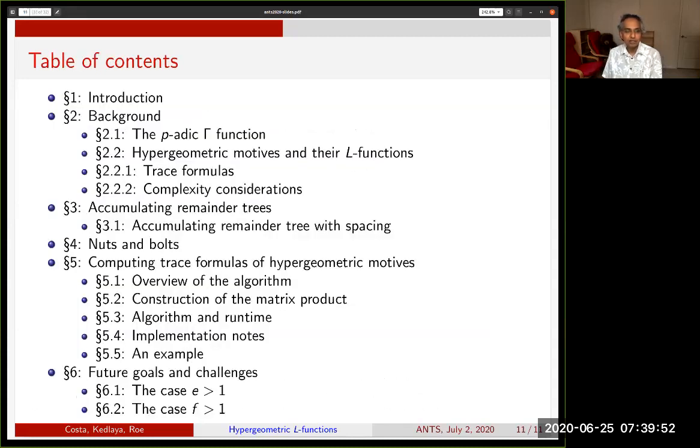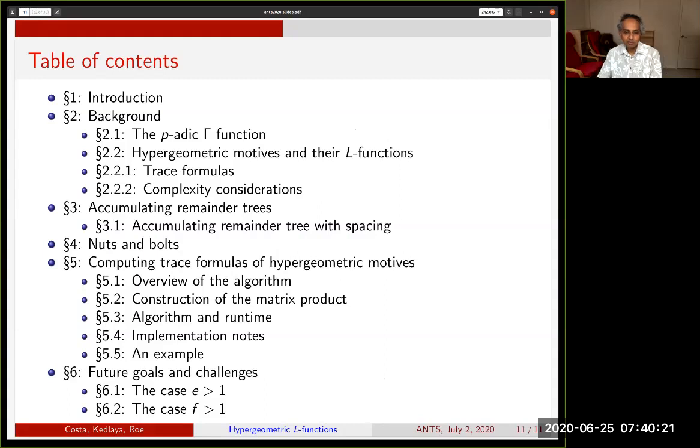To conclude, let me illustrate the table of contents of the paper. So the paper starts with an introduction with a lot of historical references. It continues with a section about background on the p-adic gamma function, which I mentioned earlier, hypergeometric L-functions and the putative motives associated to them, the trace formula that I discussed, and the complexity considerations that we've seen. Section 3 is a presentation of the remainder tree method.